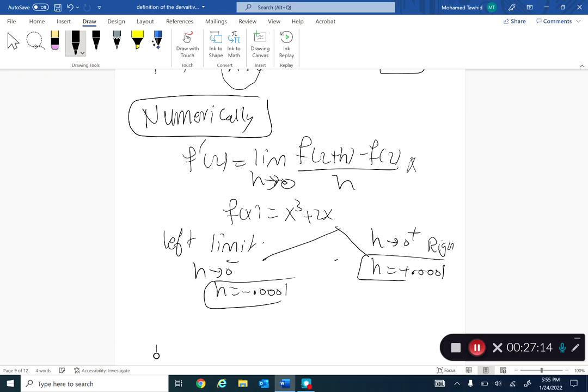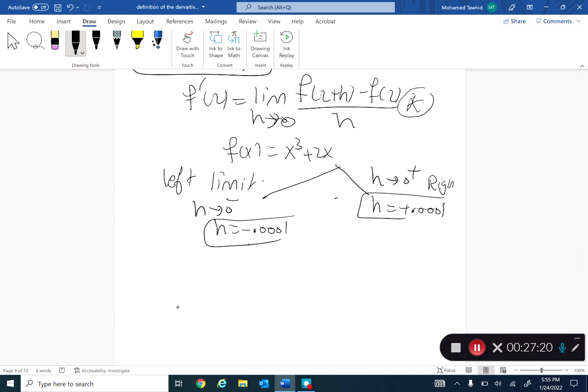So that is this equation here. It will be just replacing h from the left and from the right. Then you have f prime of 2. It will be almost, because I take the limit, f of 2 minus 0.0001 minus f of 2, the whole thing divided by h, which is negative 0.0001. That is my left limit.